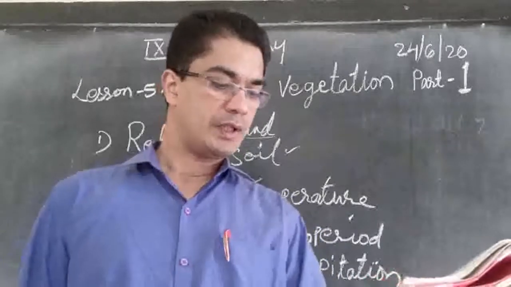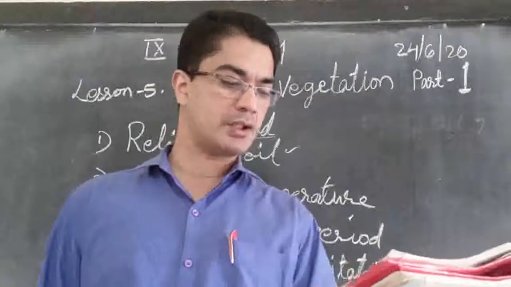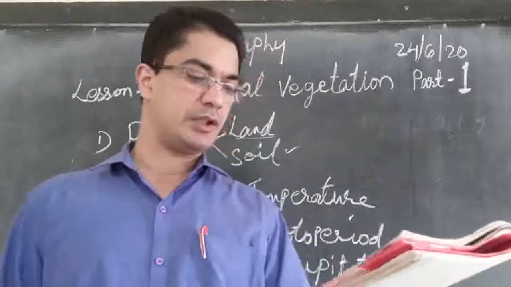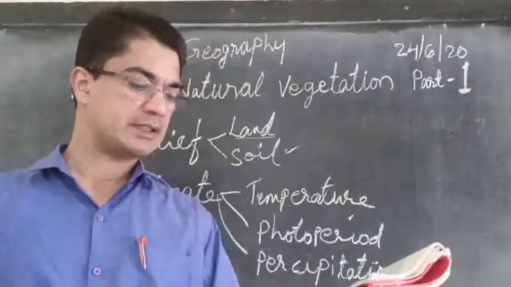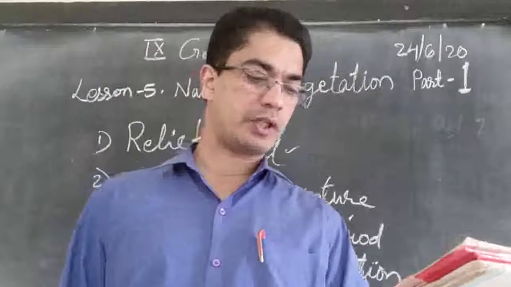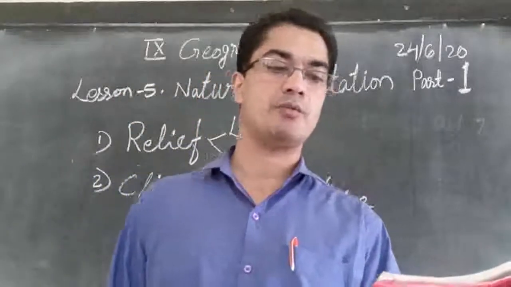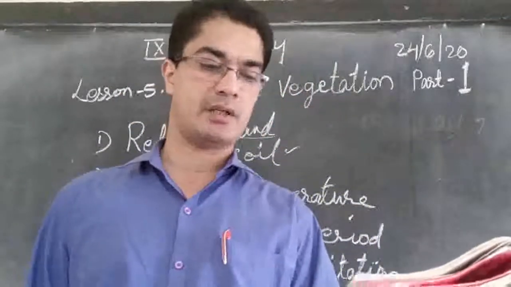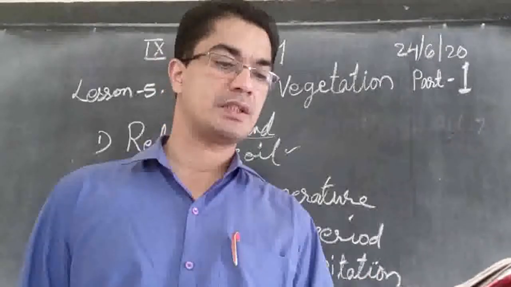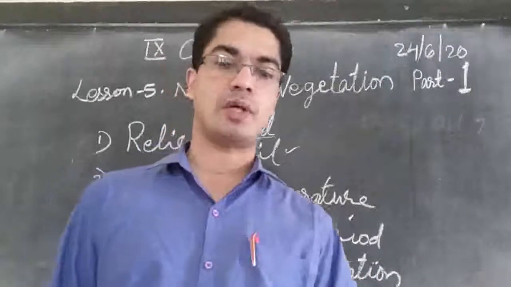Then India's natural vegetation has undergone many changes due to several factors such as the growing demand for cultivated land, development of industries and mining, and urbanization and overgrazing of pastures.